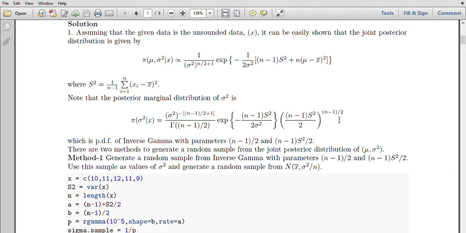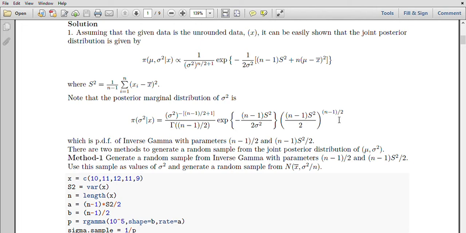Now the aim is to generate observations from the joint posterior distribution of mu and sigma square. In the previous lecture we noticed that the joint posterior distribution can be broken into the conditional posterior distribution of mu given sigma square and the marginal posterior distribution of sigma square. Keeping this in mind, we can simulate observations from the posterior distribution.